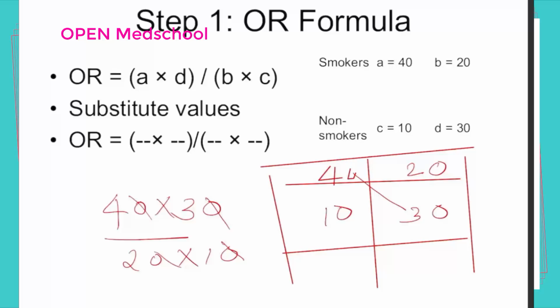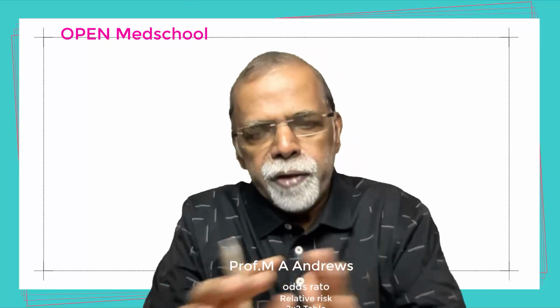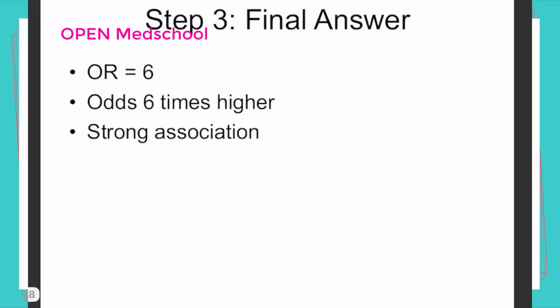So it is equal to 6. So this is how you calculate the odds ratio: AD divided by BC. So the final answer in this case, the odds ratio is 6.